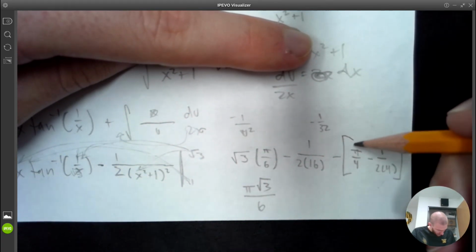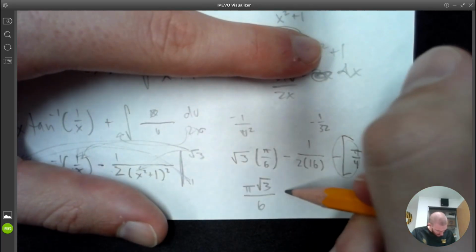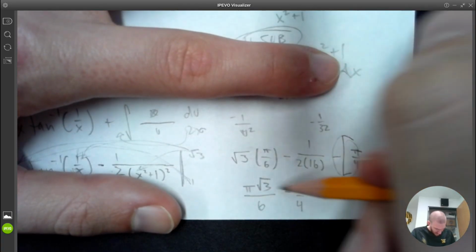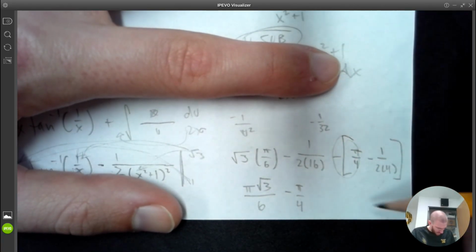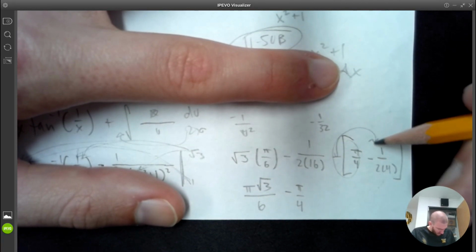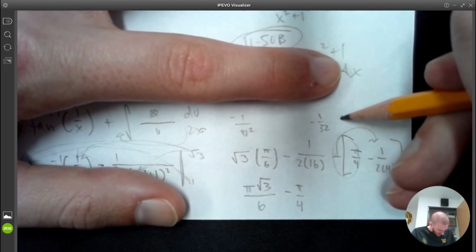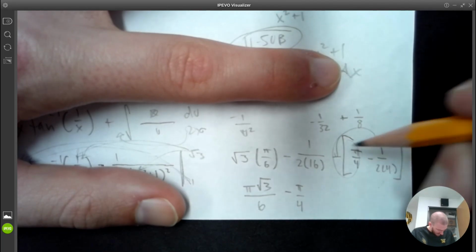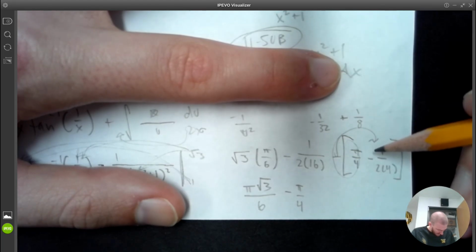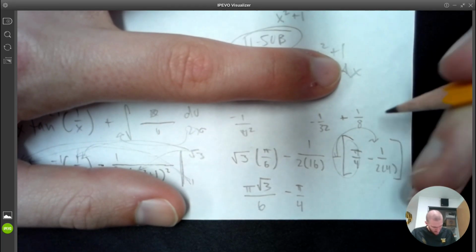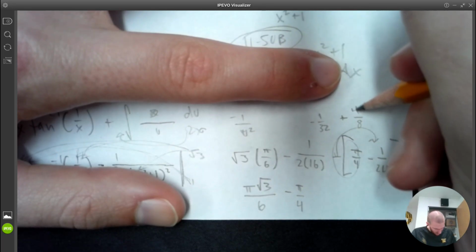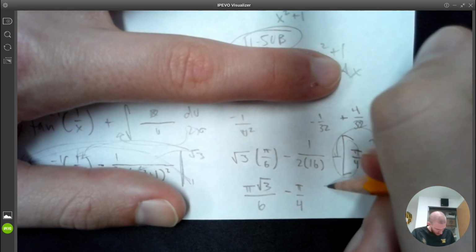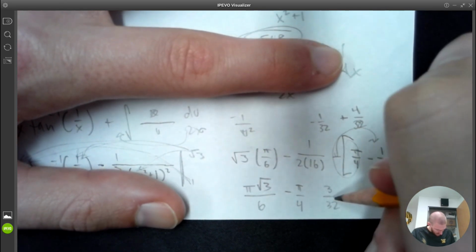This term is negative pi over 4. We could maybe combine denominators, but I don't want to distribute this. This term is going to be positive 1 over 8. Probably do need to combine like terms there. This is going to be 4 over 32. That's going to become 3 over 32.